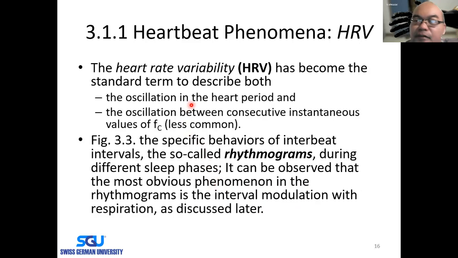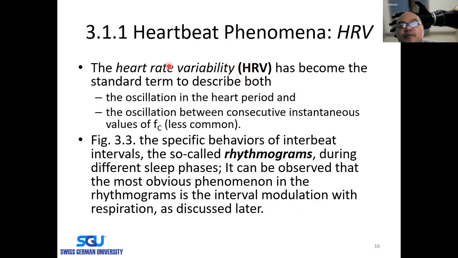Then another heartbeat phenomenon, a signal which we can measure besides the heartbeat, is the heart rate variability, the HRV.